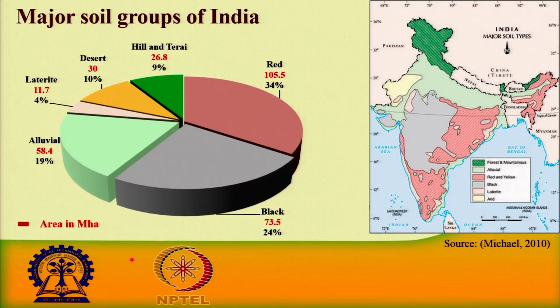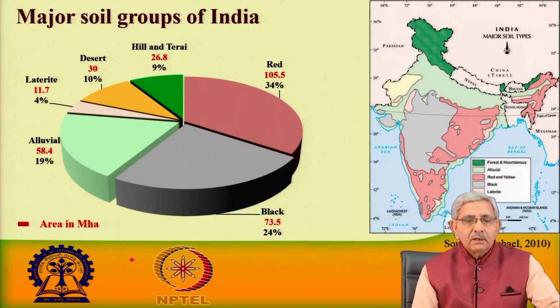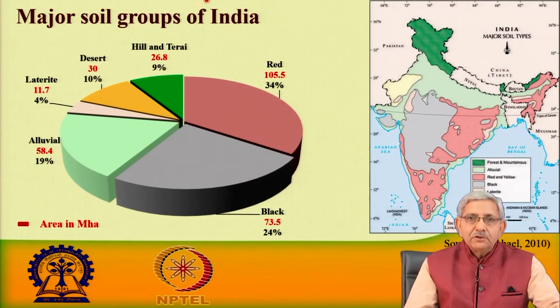alluvial soil, then desert soil, hills and the tarai soil. These soils are distributed as you can see on the right side of our Indian map.